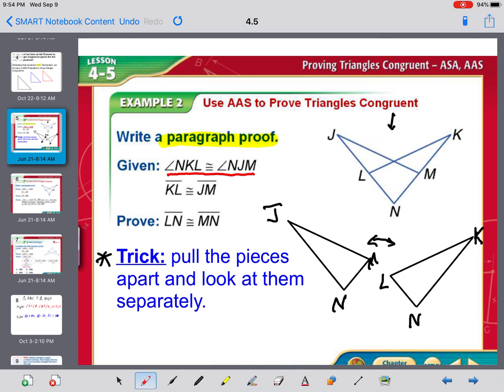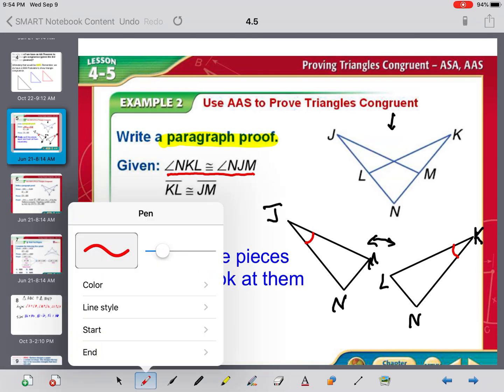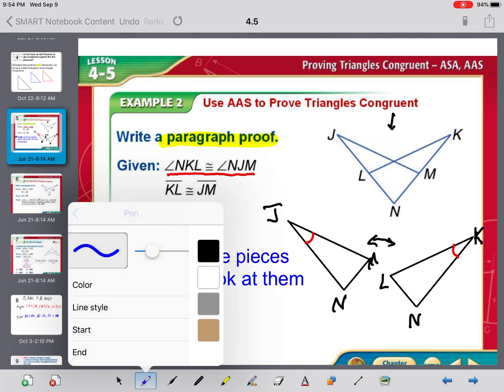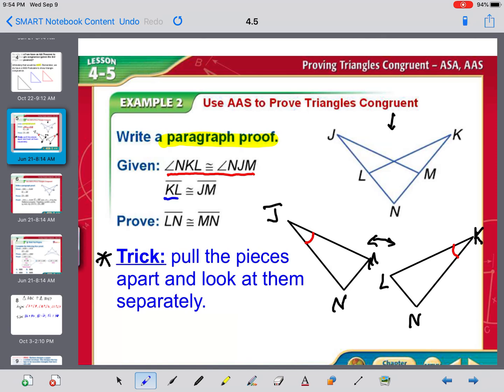So it gives it clarity when we pull it apart and we start doing some of this labeling. Now they tell us that these two angles are congruent, so I'm going to mark those. So angle NKL is this one, and angle NJM is this one. So those are congruent. They tell us that right away.